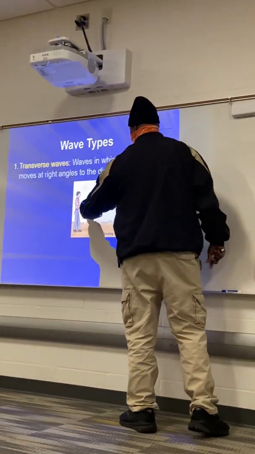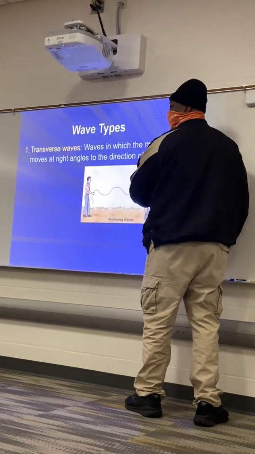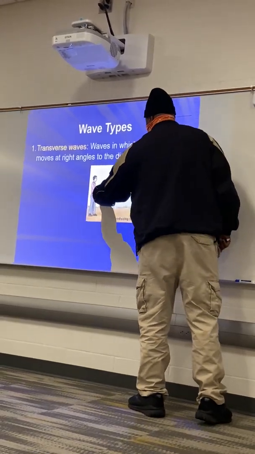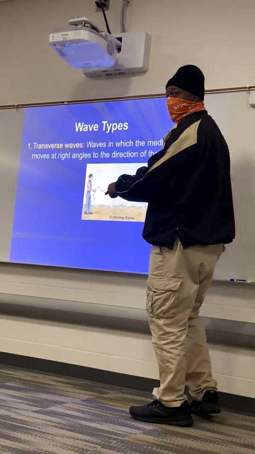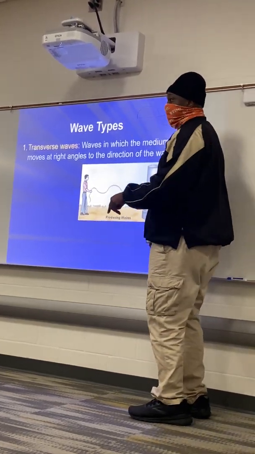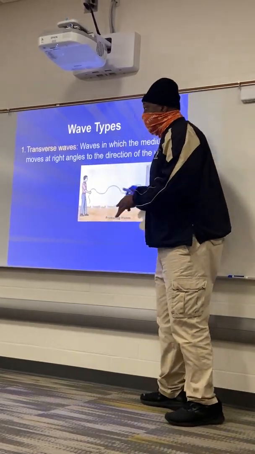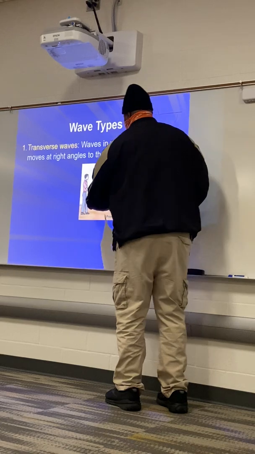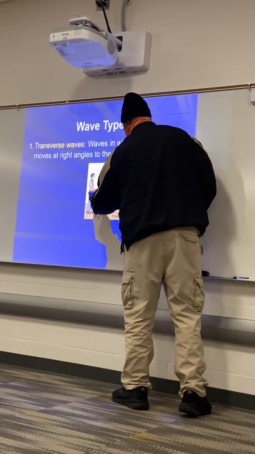Now, the energy is going from here to here, would you agree? From there to there. But what is the rope doing? Is the rope going from here to there? No, the rope's going up and down. So really, the rope is doing this, but the energy is doing this.